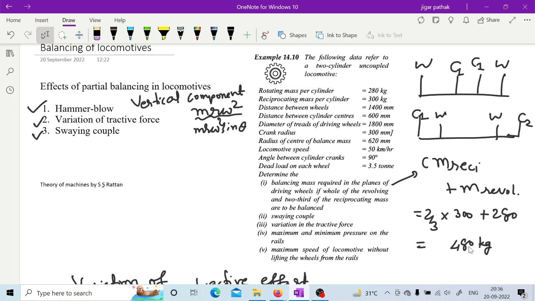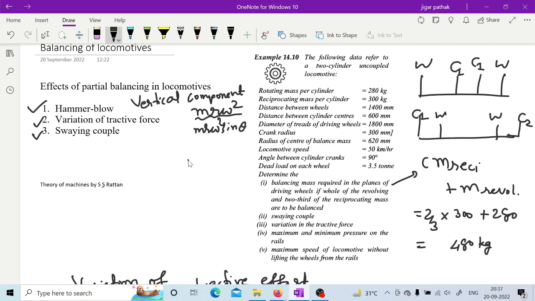Now here what you have to do is consider these 4 different planes, and take one of the planes as the reference plane.